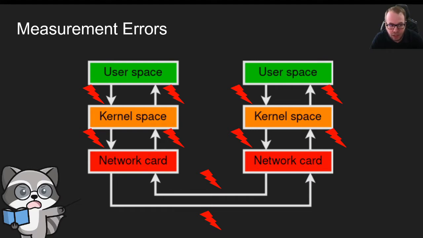Namely, the kernel can introduce noise, the network card can introduce noise, the transmission introduces noise, and the same is true on the end where the data is received on the server. The network card can introduce noise, the kernel can introduce noise, and so on. So it's not optimal to do this kind of measurement in user space. So previous approaches measured in kernel space.